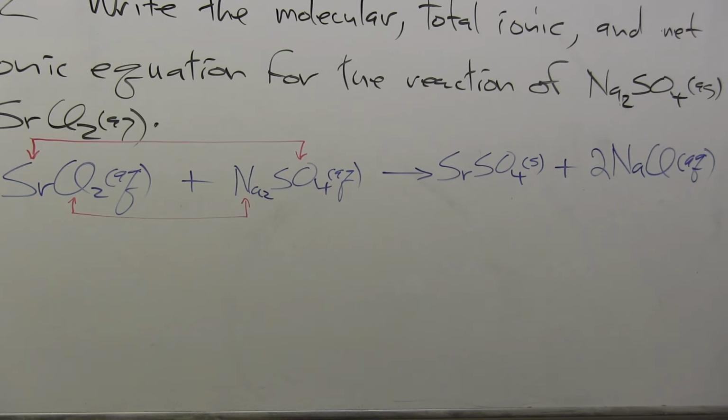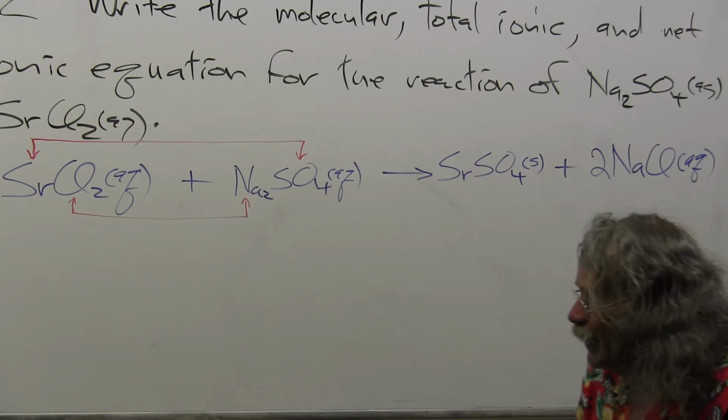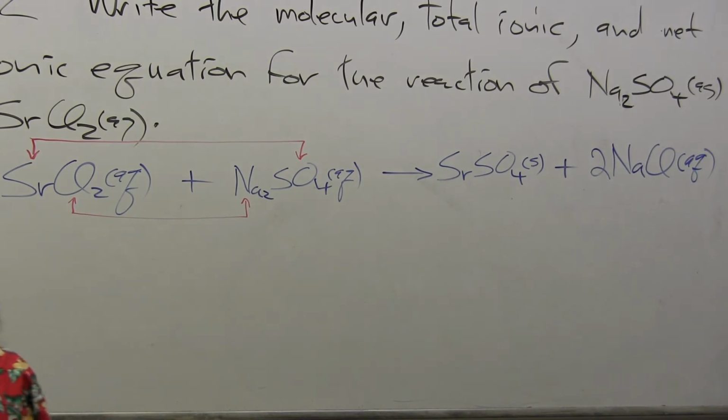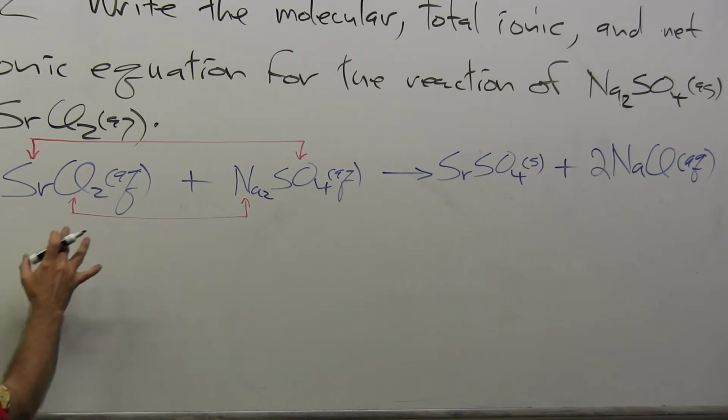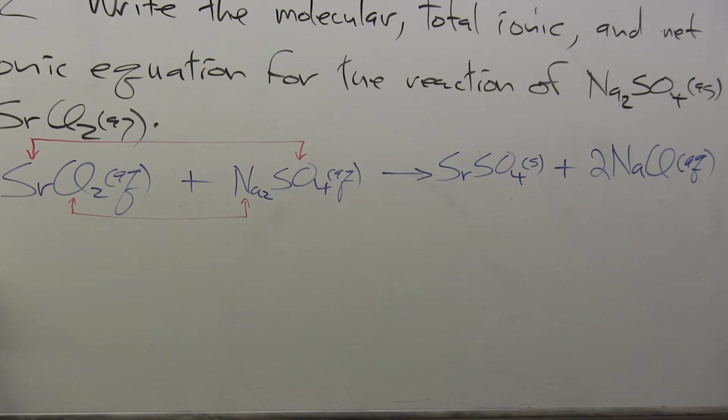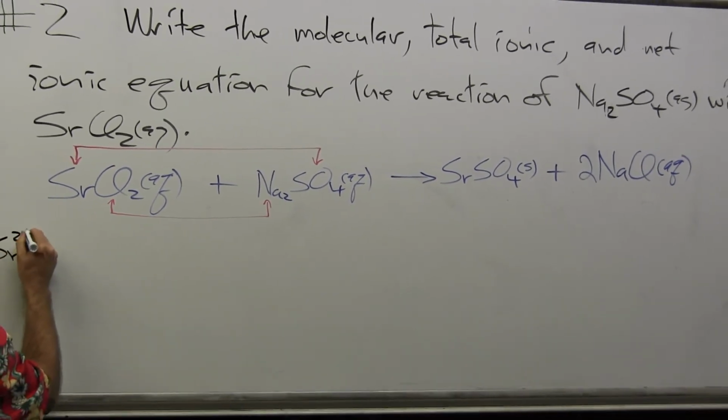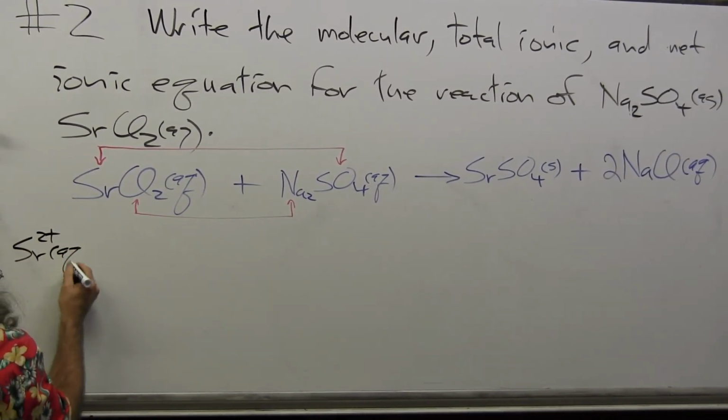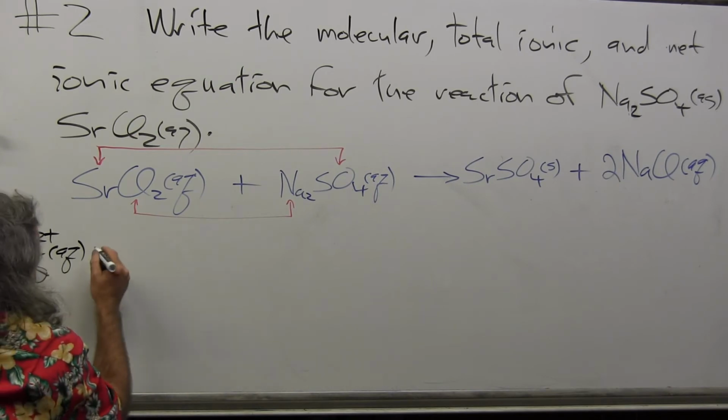And now that I've written the molecular equation, I can now decompose all that information into the total ionic equation. And so I decompose each of these salts. Any aquated salt is written as separate ions, each aquated.